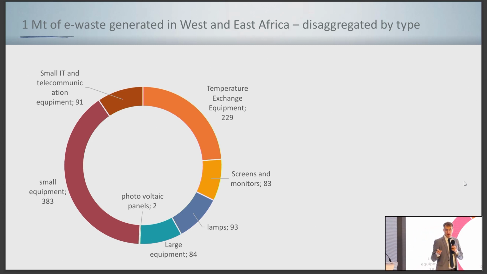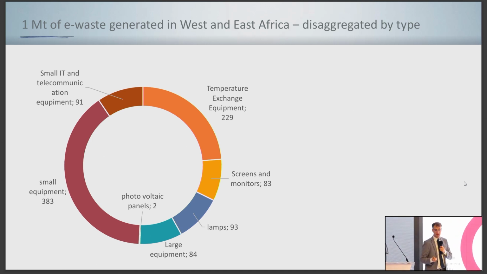E-waste is basically any device which has been discarded, which runs on a battery or a plug. I think we all know that. And we differentiate it into 7 types of e-waste. In Africa, the largest type of e-waste is small equipment.